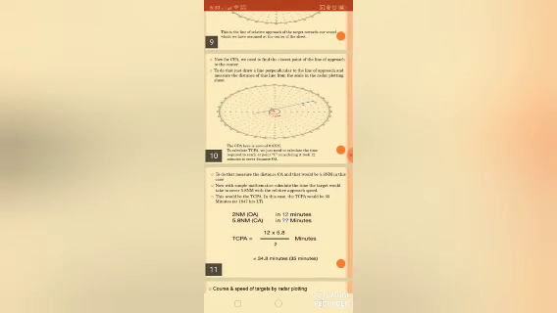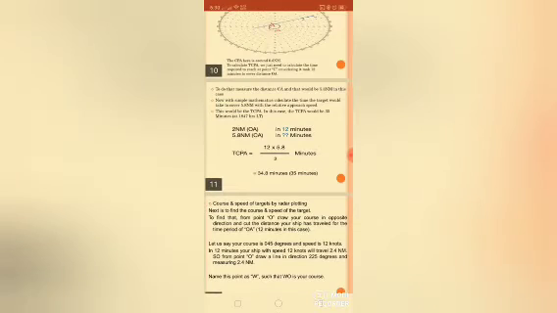To solve this, TCPA equals 12 multiplied by 5.8, divided by 2 minutes. So the answer is 34.8 minutes, or 35 minutes.